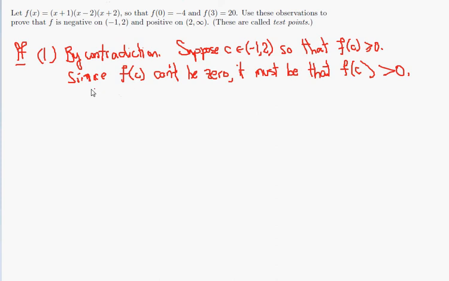Okay, so also we've noticed that f of 0 is negative 4, but most importantly it's negative.